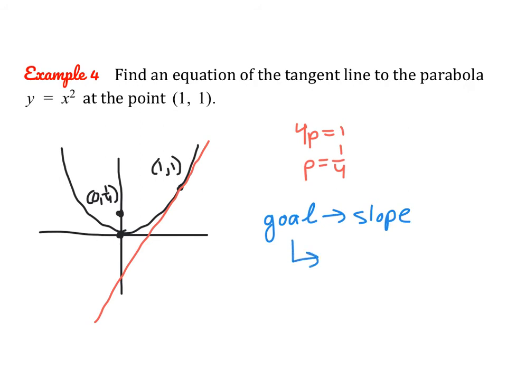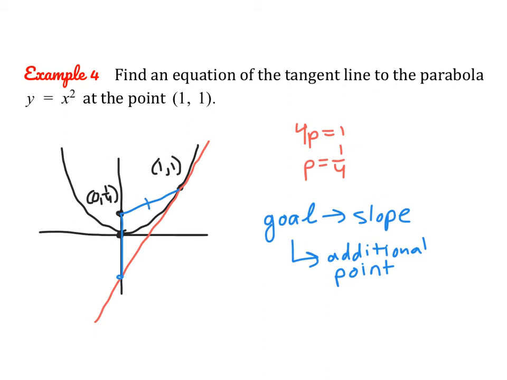And in order for us to achieve this goal, we need an additional point, because to find the slope of a linear equation, we have to have 2 points on the line. So luckily, we know about the nice reflective property of parabolas, and we know that the distance from our focus down to our tangent line is going to be equal to the distance between the focus and the point of tangency.